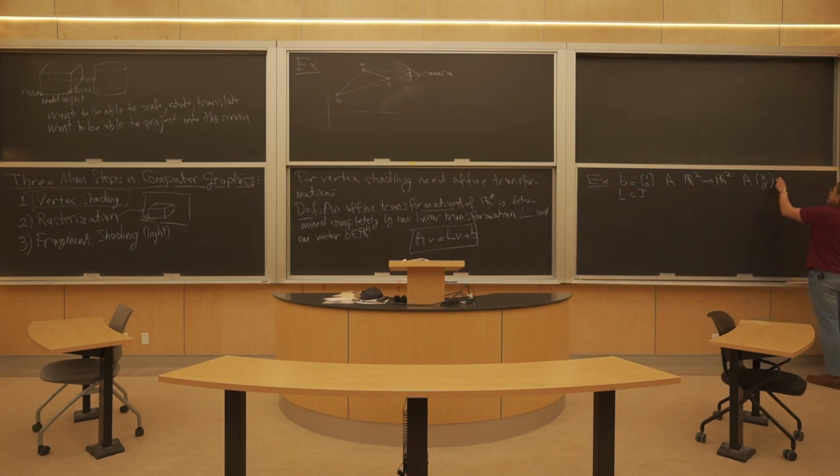A of xy equals xy plus B, which is 1, 0. That is to say, this is x plus 1, y. Geometrically, all this does is it takes any point in the plane and moves it to the right by 1 unit. Okay?